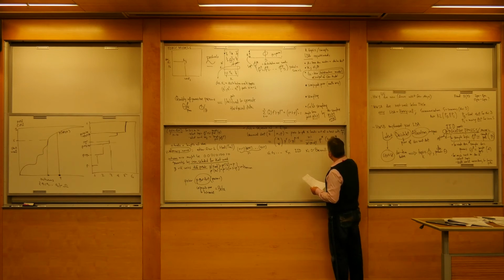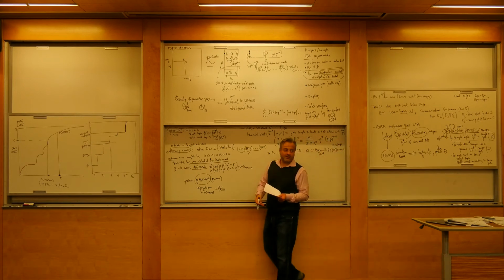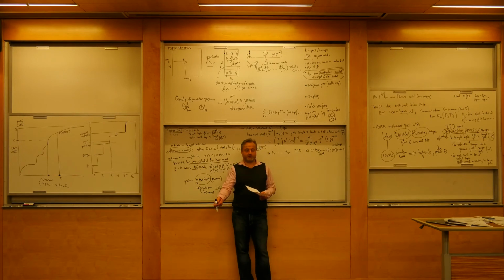The probability of 1 is P, probability of 0 is 1 minus P. That's called a Bernoulli trial. So when you hear this name Bernoulli, it's a fancy name that means you have a 30% chance to get a head and 70% chance to get a tail.